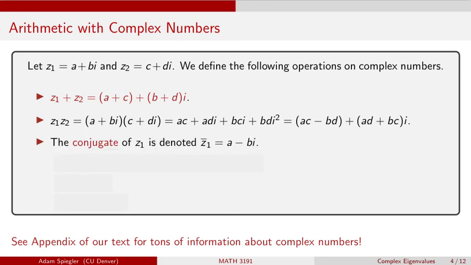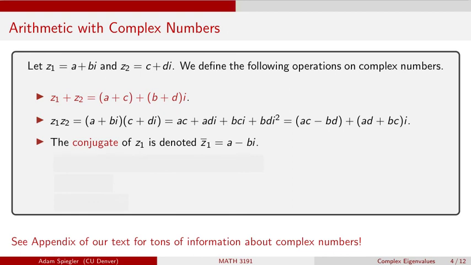We have what we call the conjugate of a complex number that we denote with a bar over the complex number. So if z1 was a plus bi, then we would define z1 bar, the conjugate of z1, as a minus bi. So we keep the real part the same, and we change the sign of the imaginary part.